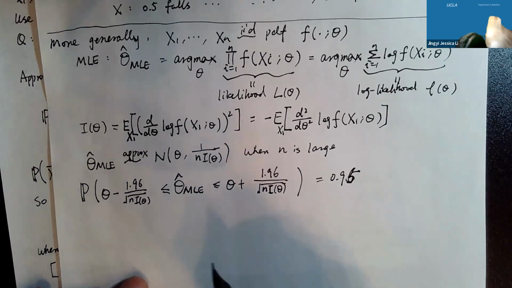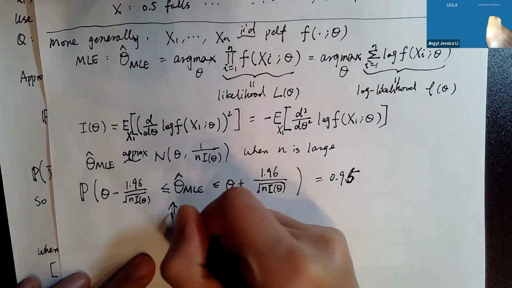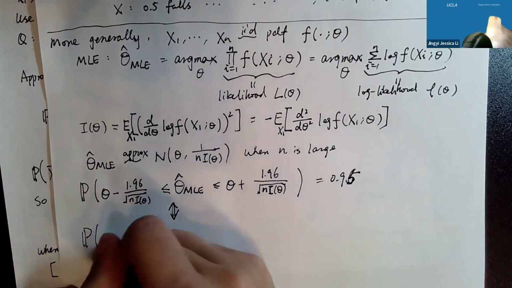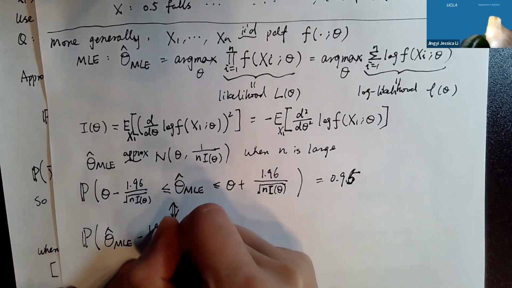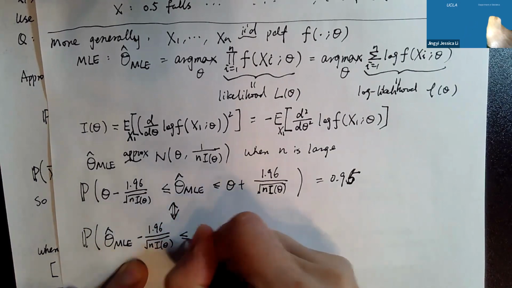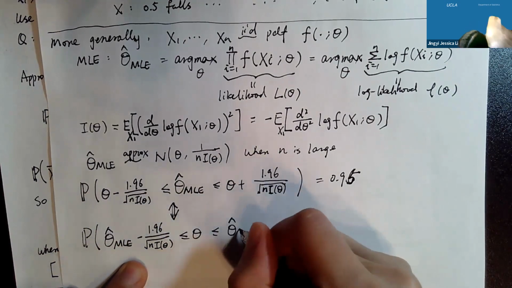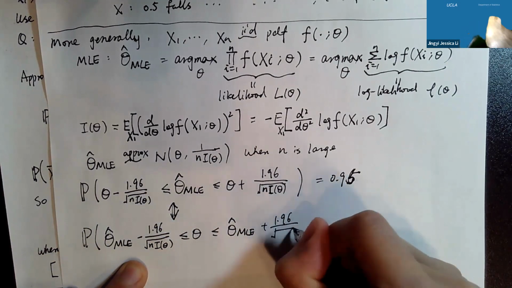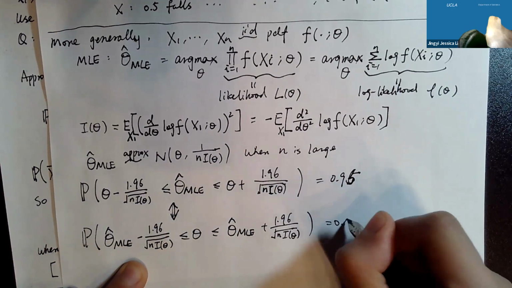So what we aim to do is that first we can write this equivalently as theta hat MLE minus 1.96 times the standard deviation, less or equal than theta, less or equal than theta hat MLE plus 1.96 times the standard deviation.